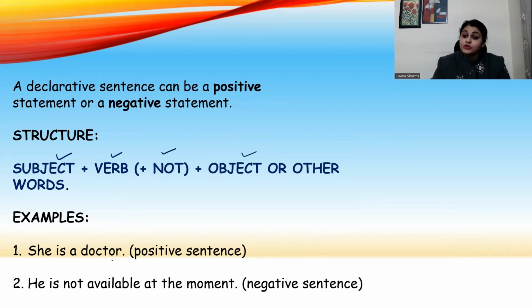Examples: "She is a doctor" is a positive sentence because it does not contain any negative word in it. Whereas the second example is, "He is not available at the moment." This is giving you a negative context. So this is a negative sentence because of the presence of the word "not" in it.